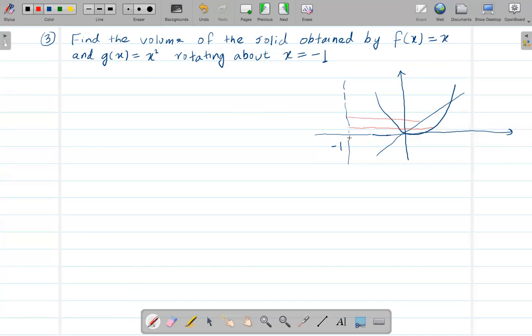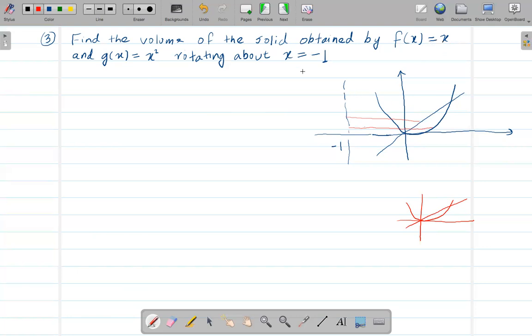So this distance is from 0 to here. From 0 to this graph, we are saying this is x squared, right? And from 0 to this line, we are saying this is x, right?